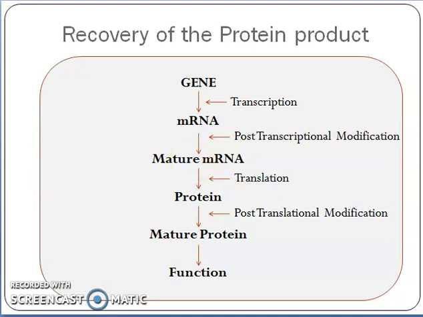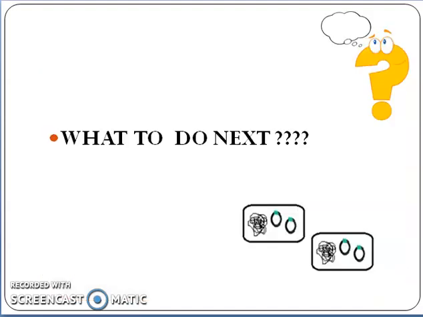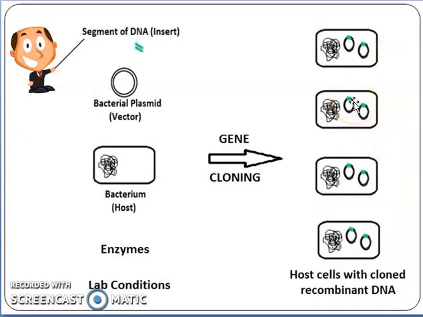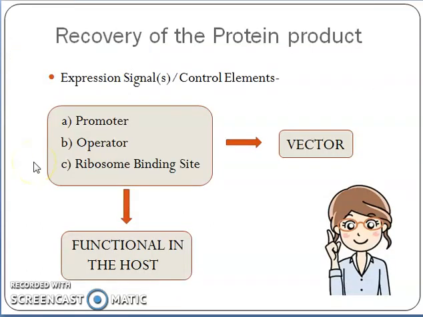So if you want your gene to be expressed here, you have to ensure that you incorporate all three expression signals into your vector.